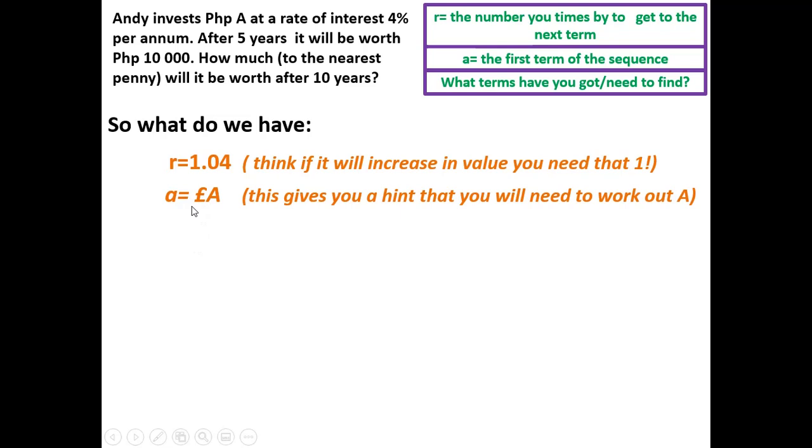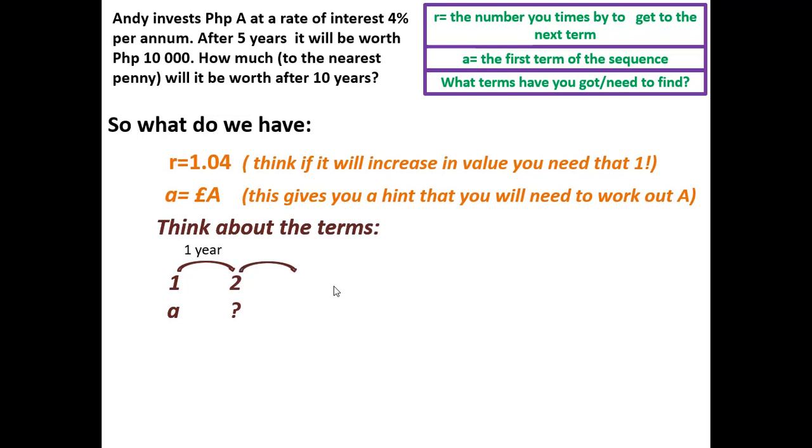A is what you need to work out. So, think about the terms. So, first term is A. Okay? After 1 year, so hindi na natin alam. Okay, after second year, after third year, so hindi rin natin alam.